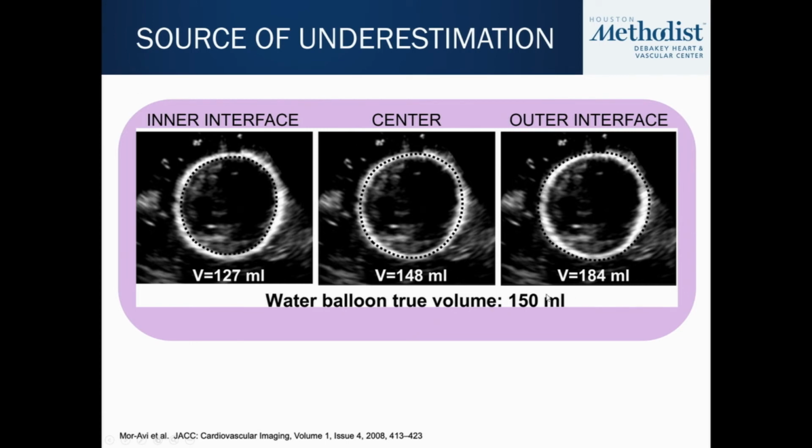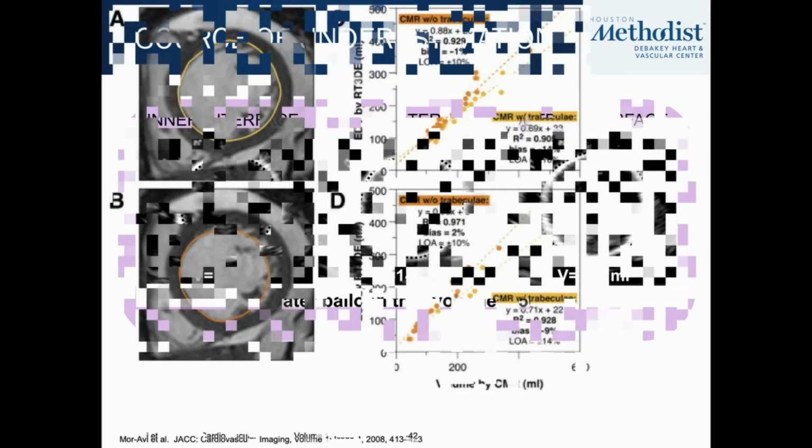This may have huge implications for folks, for example, with significant MR, particularly those with functional MR, where you're trying to calculate the regurgitant volume. And here, when you go from 184 to 127, depending on how you trace, you can foresee how this can be challenging, where your regurgitant volume is all over the place.